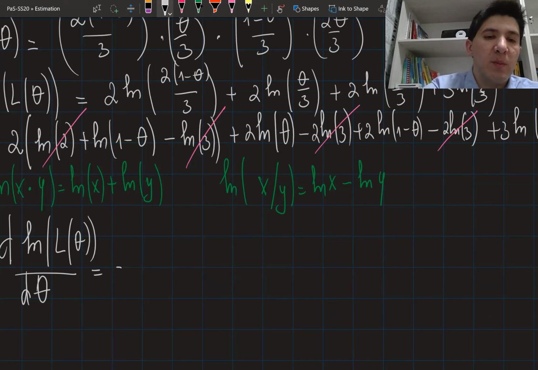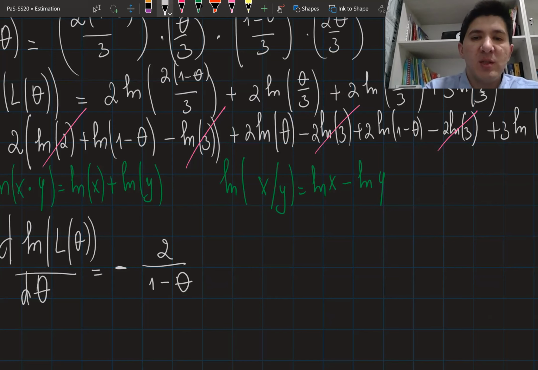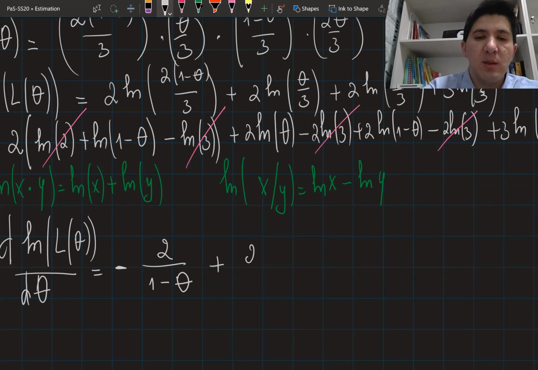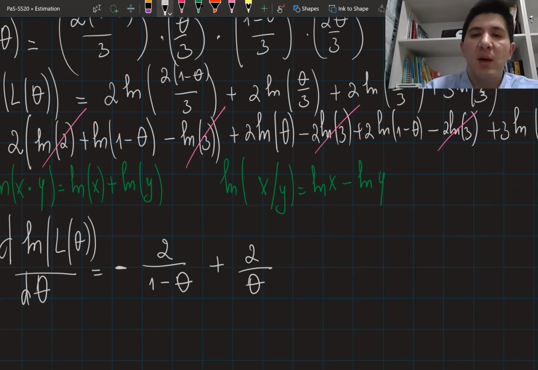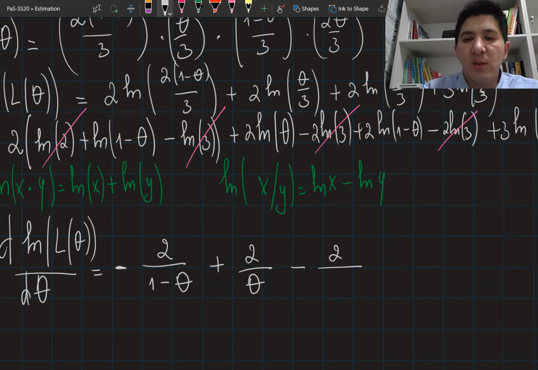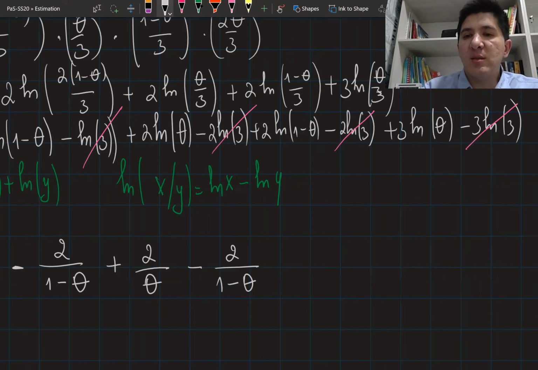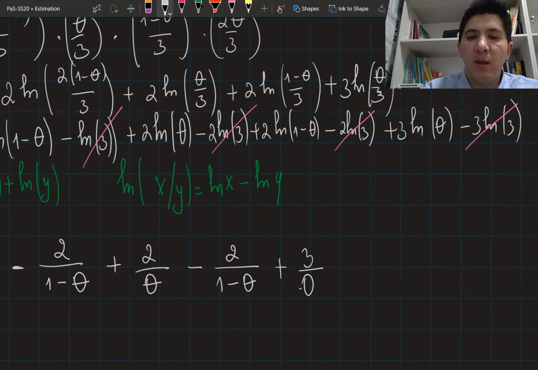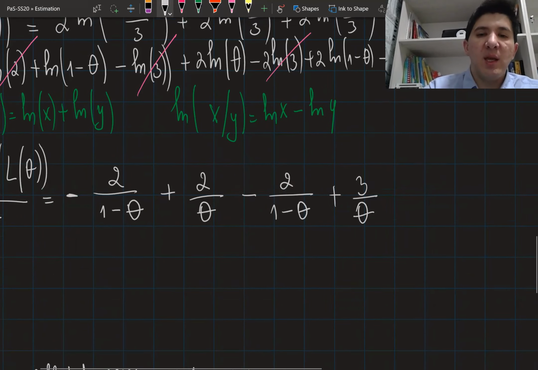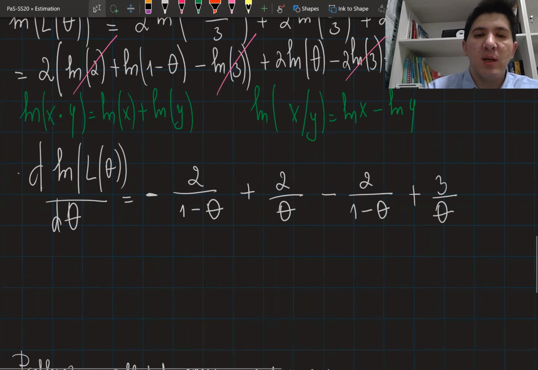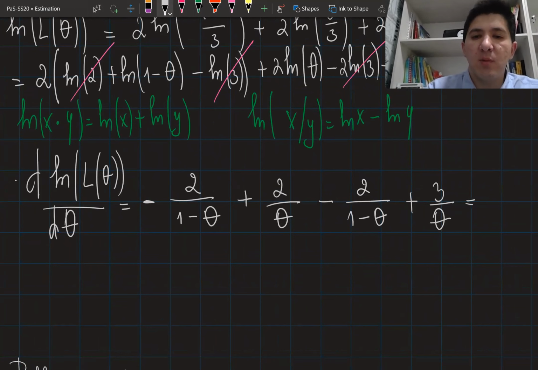Its derivative is going to be minus 2 divided by (1 minus theta). The derivative of the next one is going to be plus 2 divided by theta. The derivative of the next one is again minus 2 divided by (1 minus theta). The derivative of the last one, the ln, is going to be plus 3 divided by theta. And all of this is equal to 0.